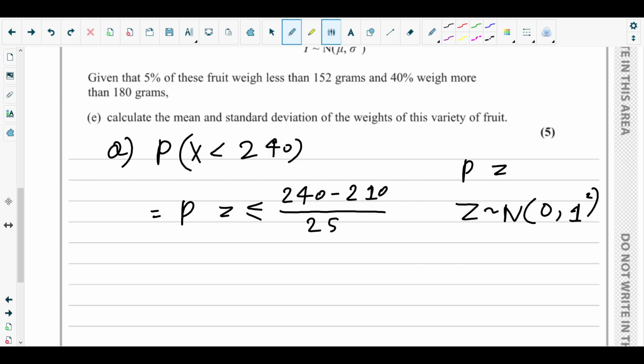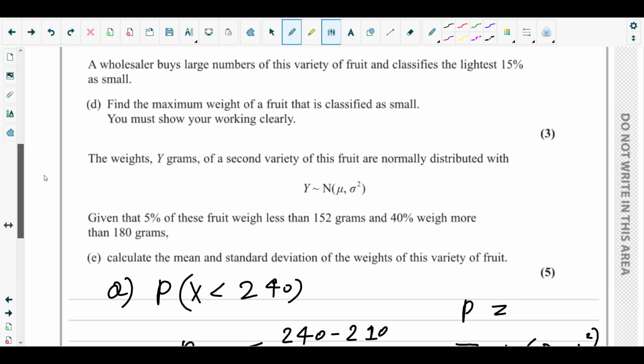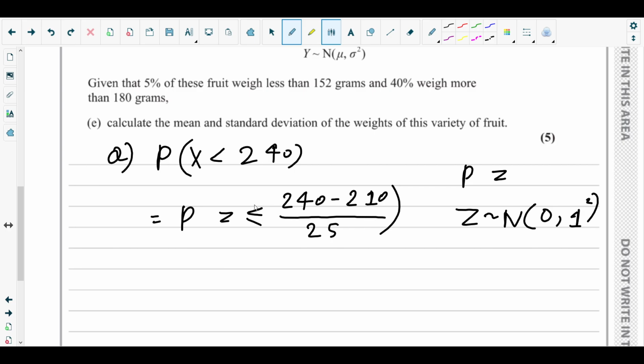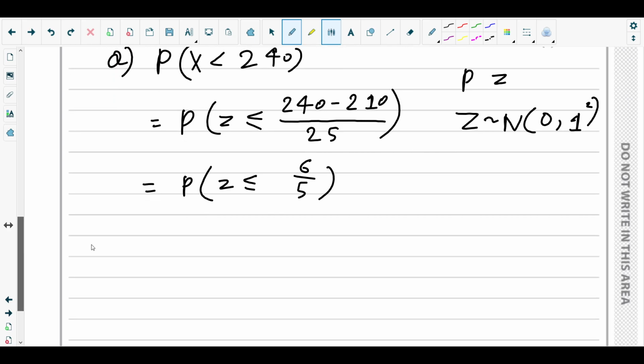So 240 minus 210 is 30, over 25, which is 6 over 5. So we need the probability of z less than or equal to 6 over 5, which is 1.2.